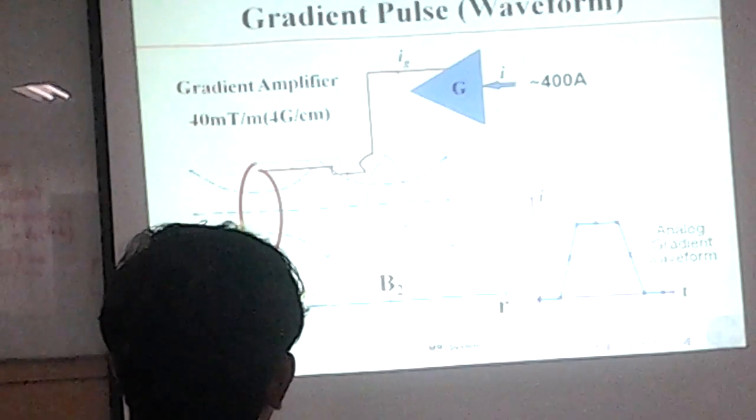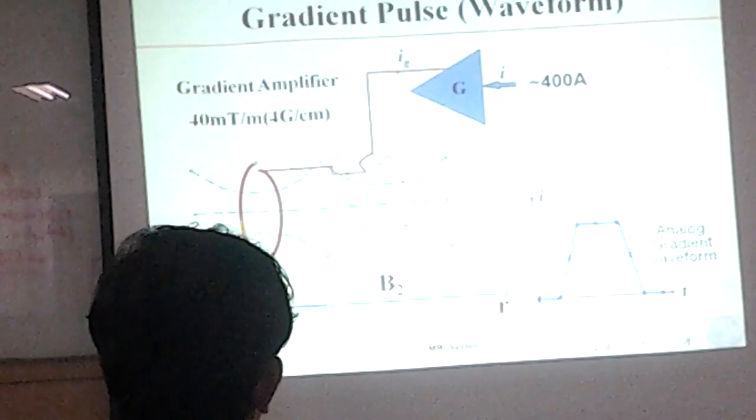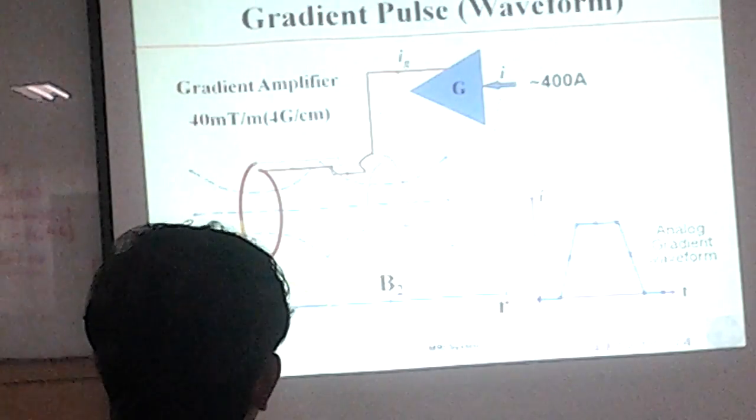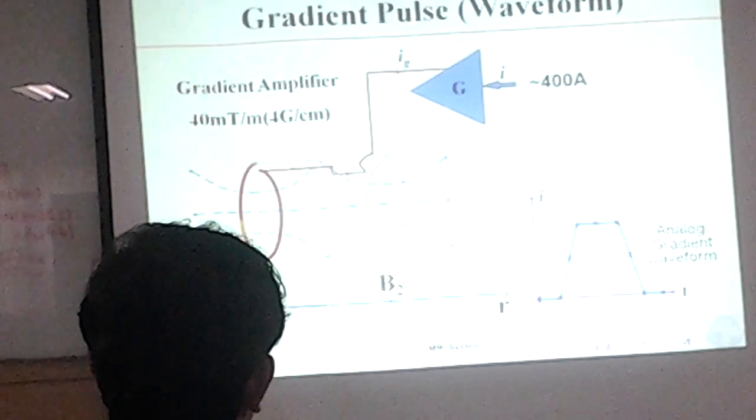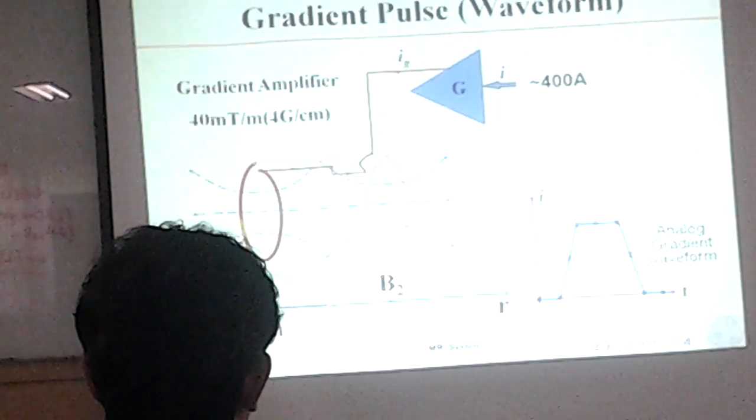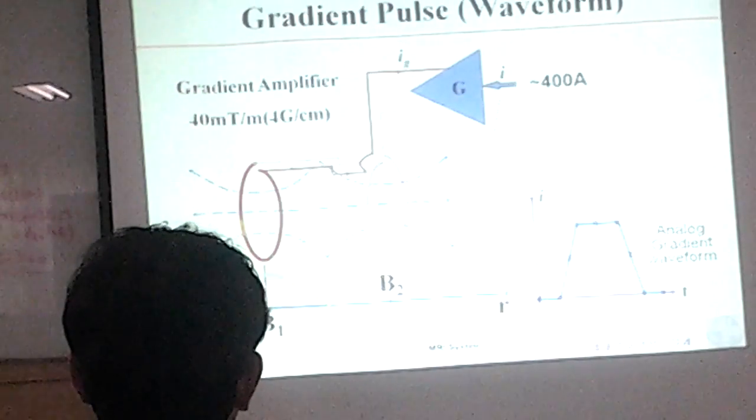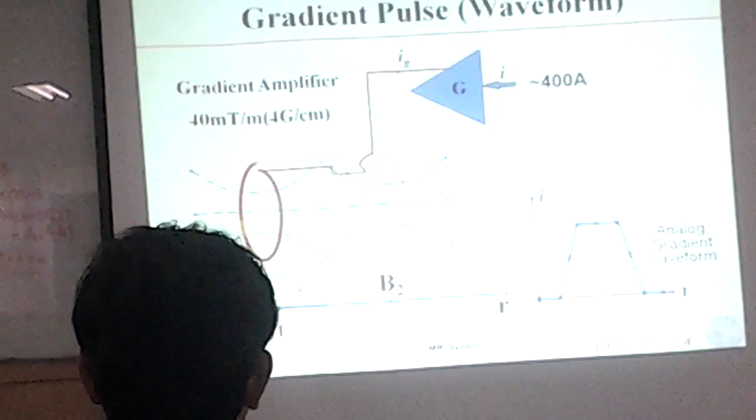And this graph is an example of a gradient waveform as an input of the gradient amplifier. This waveform is generated in the computer, and the linearly varying gradient field is generated when the waveform is in the state of plateau. So for a constant current in the gradient coil, a constant gradient field is generated.